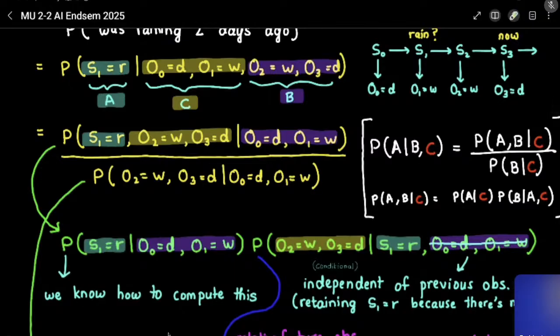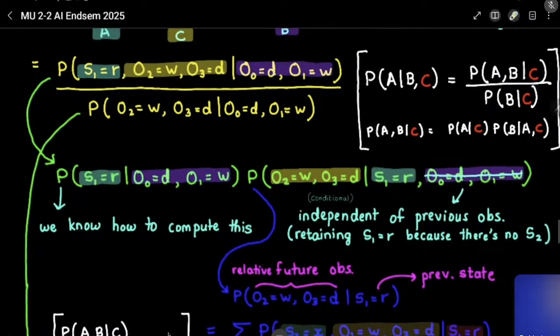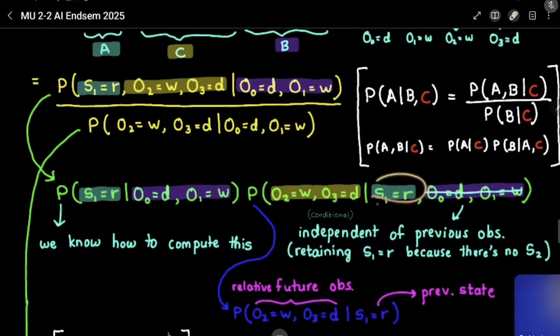Because this observation is there, no? It will depend on either S2 or S3, and either of those could come from S1. So that is why I didn't strike S1 off. You can't remove it, but I can remove these easily because they're observations. They will not give rise to either S2 or S3, but S1 could give rise to S2 or S3. So until I get S2 or S3, I won't be removing this. It will be there.